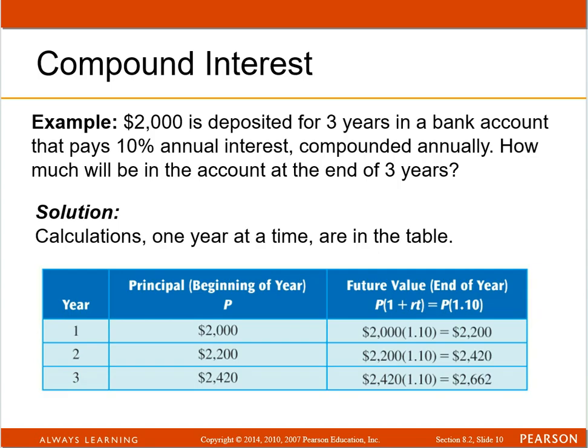Now, on simple interest, they only do it 1 time for the whole number of years. But what happens here is they start you at $2,000. And then your formula is over here. It says P times 1 plus RT. Well, our rate is 10%.